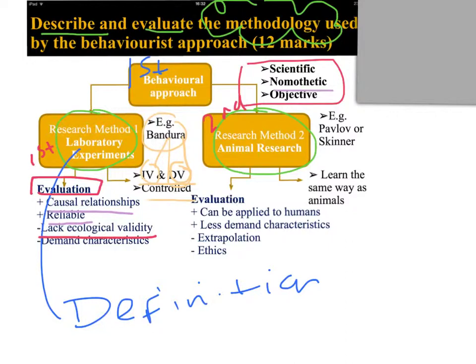So, our final evaluation point is demand characteristics. Because the studies are artificial, the participants know they're part of the study, and because they understand that the researcher is seeking a certain aim, they try to guess the aim and change their behaviour to match it.